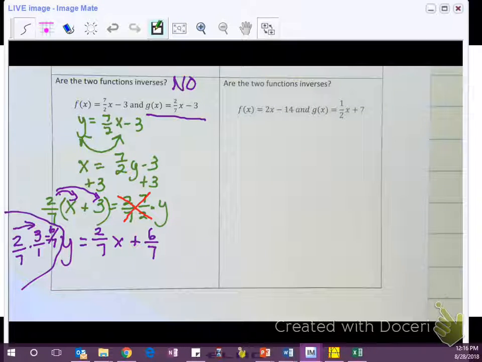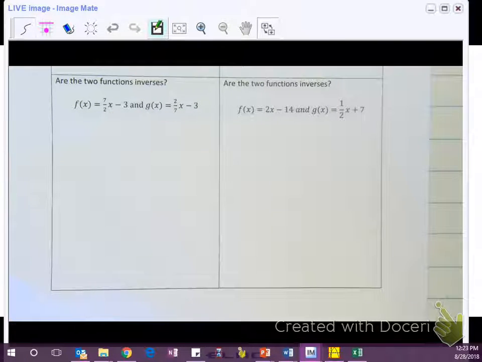Okay, do you remember composition of functions from Algebra 1? Anybody? No? Yes, maybe? I have a picture I want to show you. So what we're going to do now is we're going to take, resume.